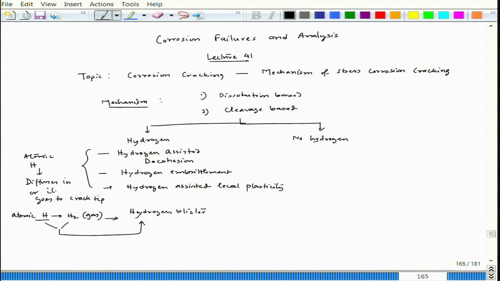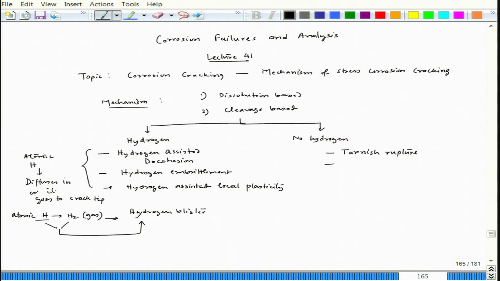Where no hydrogen is involved, there are a couple of mechanisms. For example, one is of course the tarnish rupture.